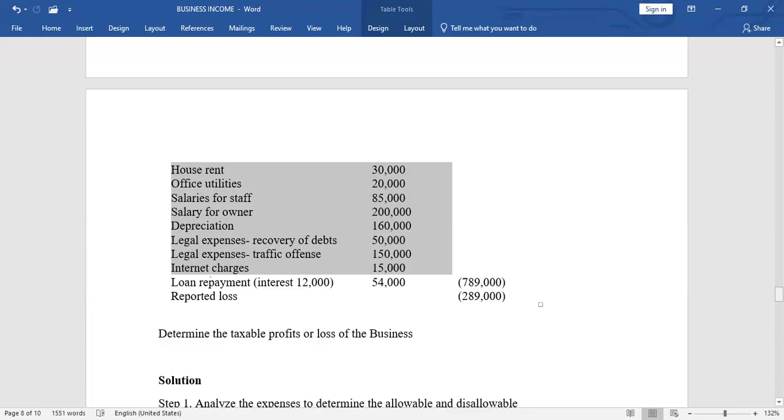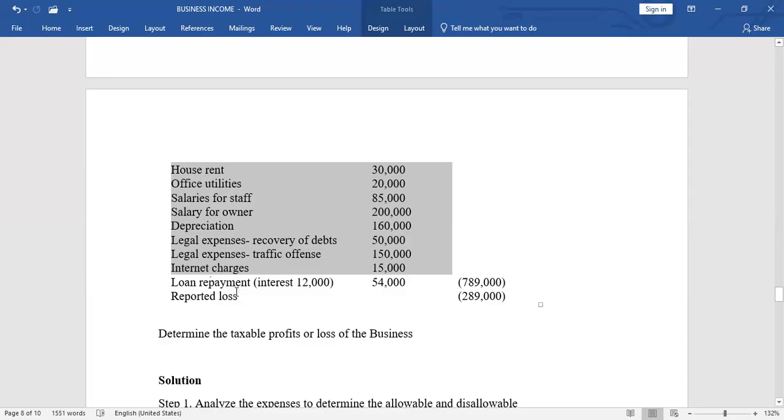Traffic offense is not allowable, but the recovery of debts is very much allowable. Because if customers don't pay you, you shouldn't sit back and allow them not to pay you. You should sue them to recover that amount, and that is encouraged. You'd be allowed on that. So we have identified depreciation, and legal expenses relating to traffic offense.